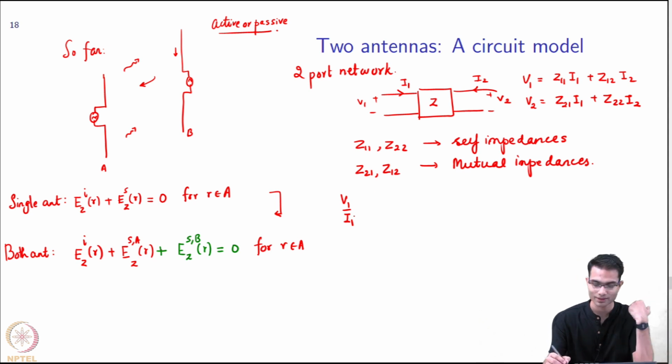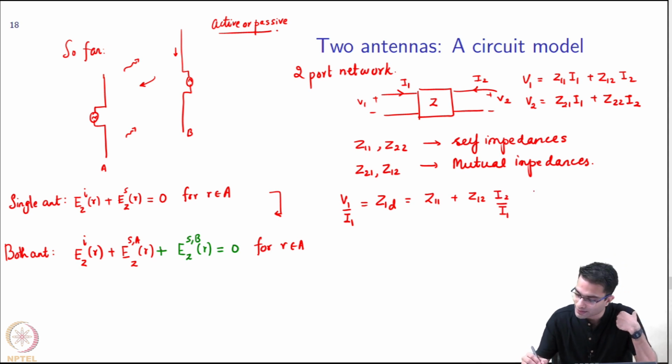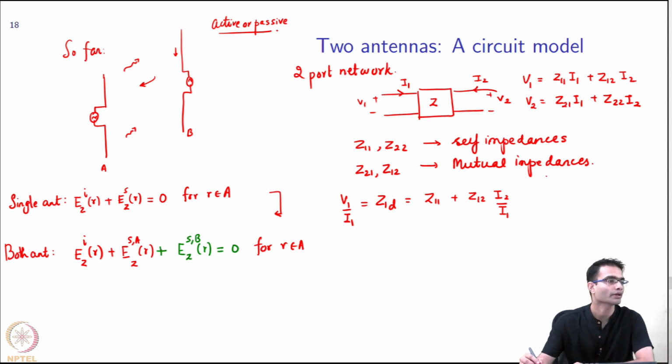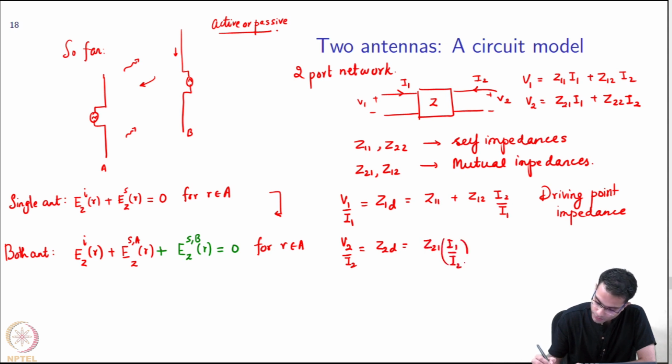That is going to be Z1D, I will tell you what D stands for, and that is going to be equal to Z11 plus Z12 I2 by I1, and this Z1D is called the driving point impedance. Similarly, V2 by I2 will be Z2D, which will be Z21 I1 by I2 plus Z22.